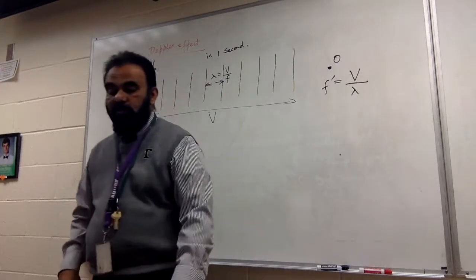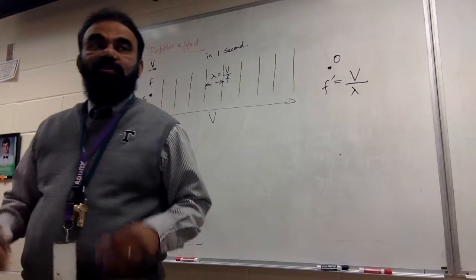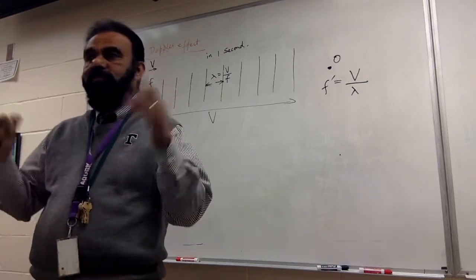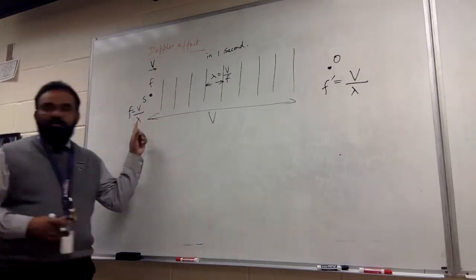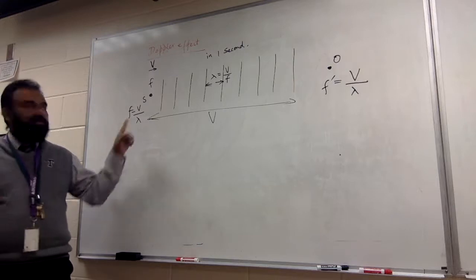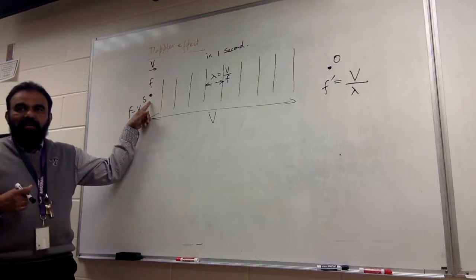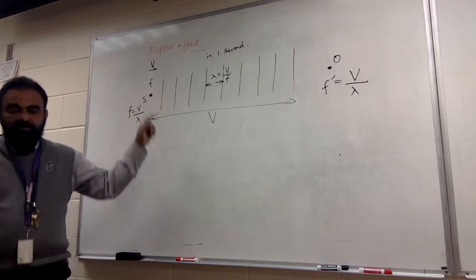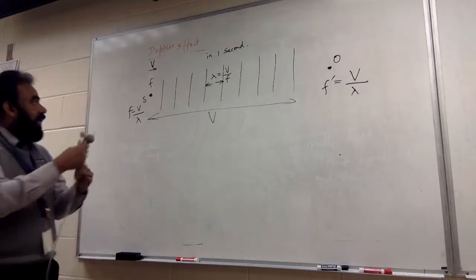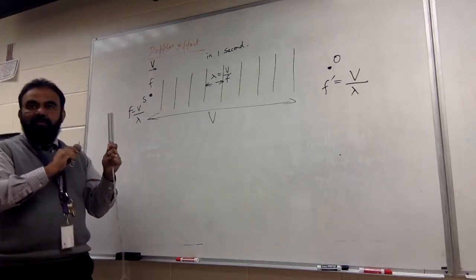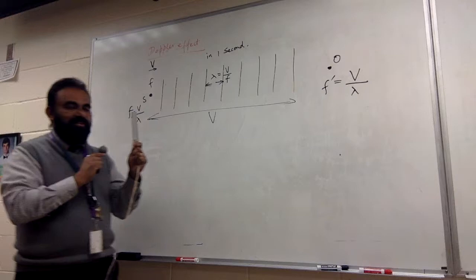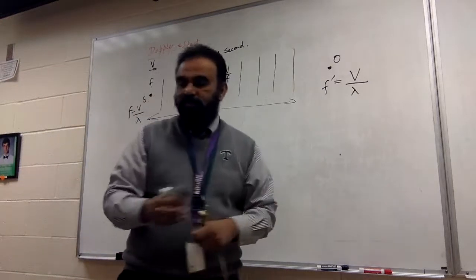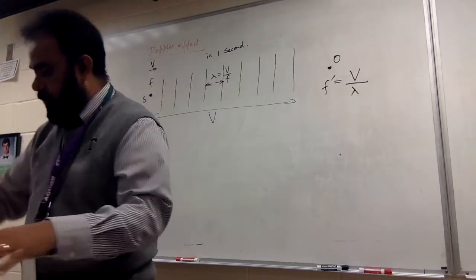Now we're going to see the consequences of movement. If the source is going to start from here, it is generating waves from here, but it's not going to stay still. Instead it starts moving this way with a speed which is known as the source speed.